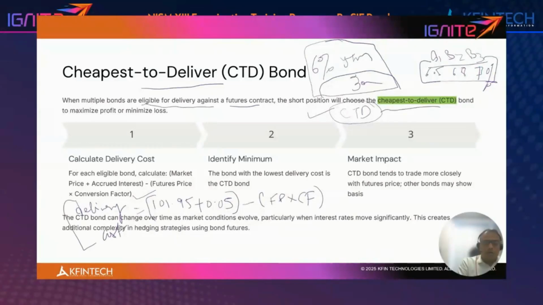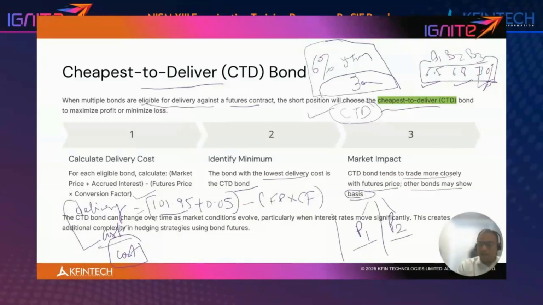Now the seller will compute this delivery cost for each of the bonds, bond 1, bond 2, bond 3, and the cheapest delivery cost bond will be delivered. Lowest delivery cost bond will be delivered. CTD bonds tend to trade more closely with futures price. Other bonds may show basis. What is basis? Basis means difference in price.